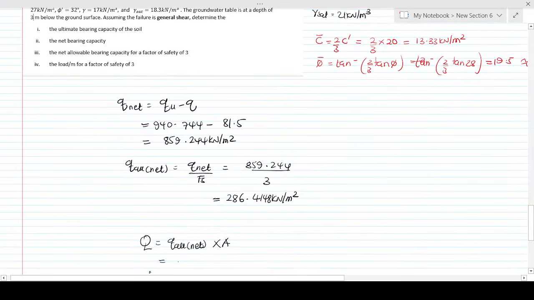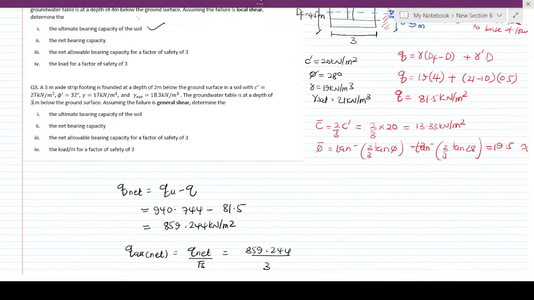The q allowable net was 286.4148. The area of the rectangle is 4.5 by 3. And so my load is equal to 3866.1598 kilonewton. Alright.